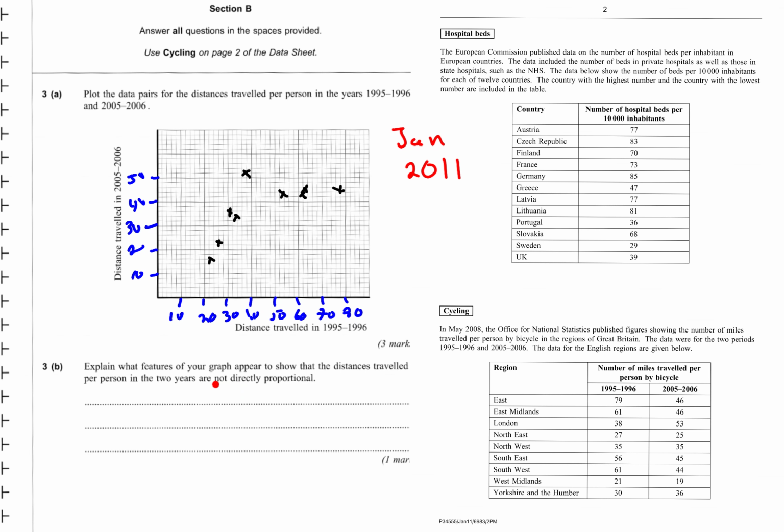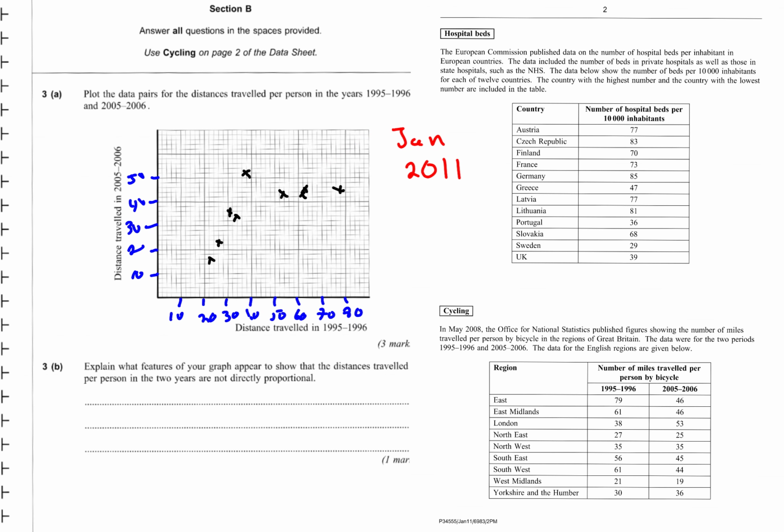So the answer to this always, what you have to look at, if something is directly proportional, all the plots here would be in a straight line. So I would be able to draw a straight line across all the points plotted, and it will go through 0. So that is directly proportional.